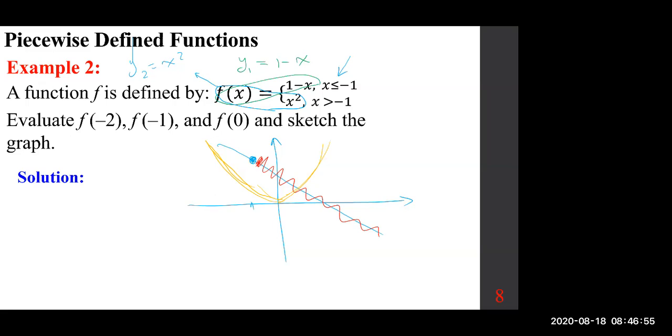Okay. Now let me use a different color, red. Now the second one, when x is larger than negative 1, and remember this is negative 1. So from here, it's no good up to here. But what about the end point? Okay, the end point is either a hole or solid. Because I don't see any equality, it becomes a hole.